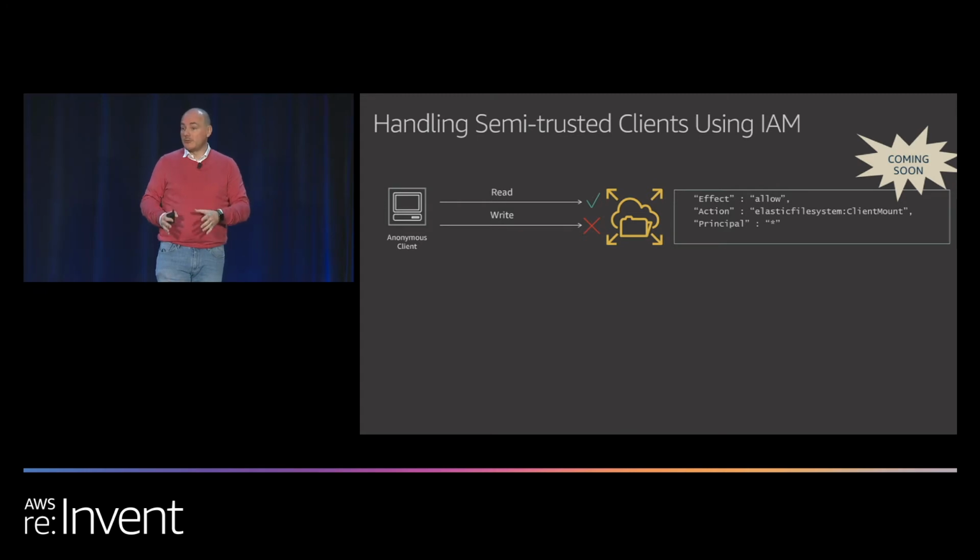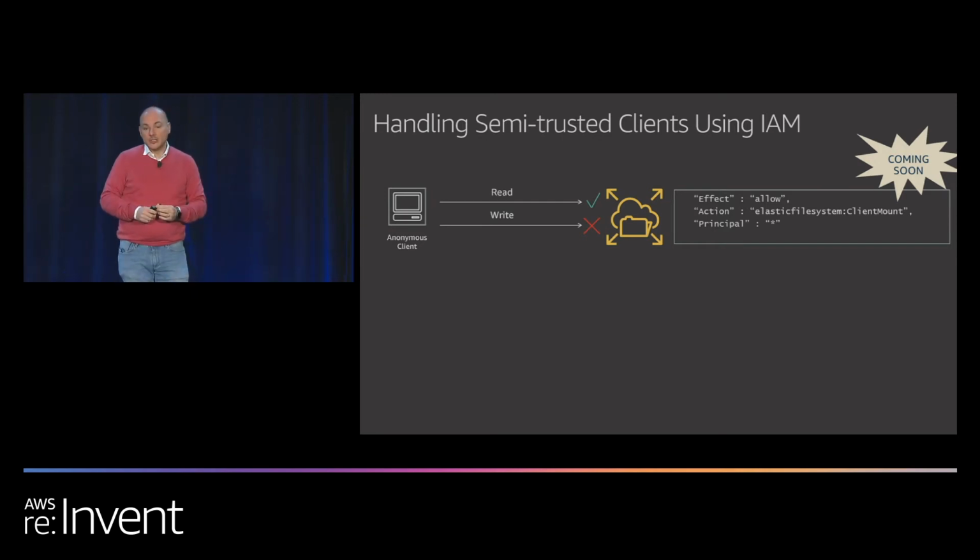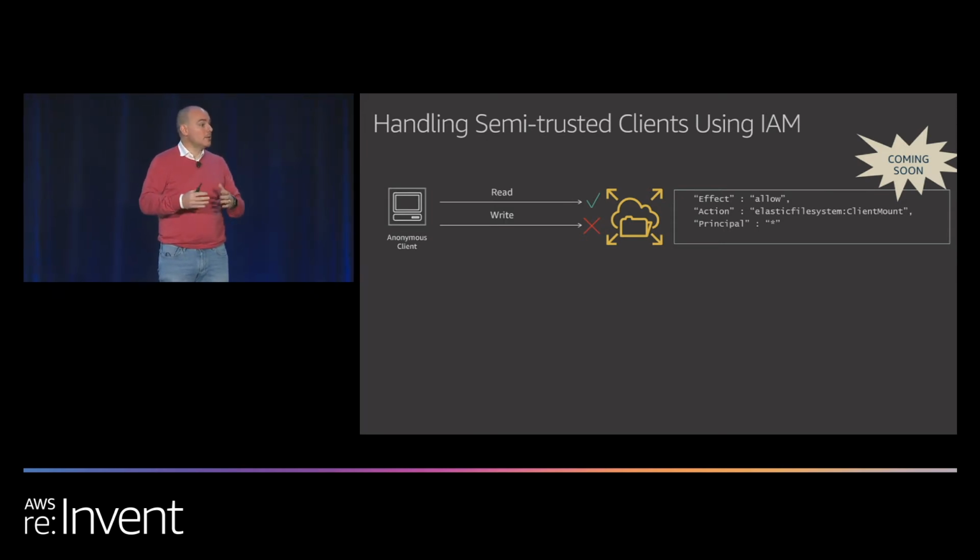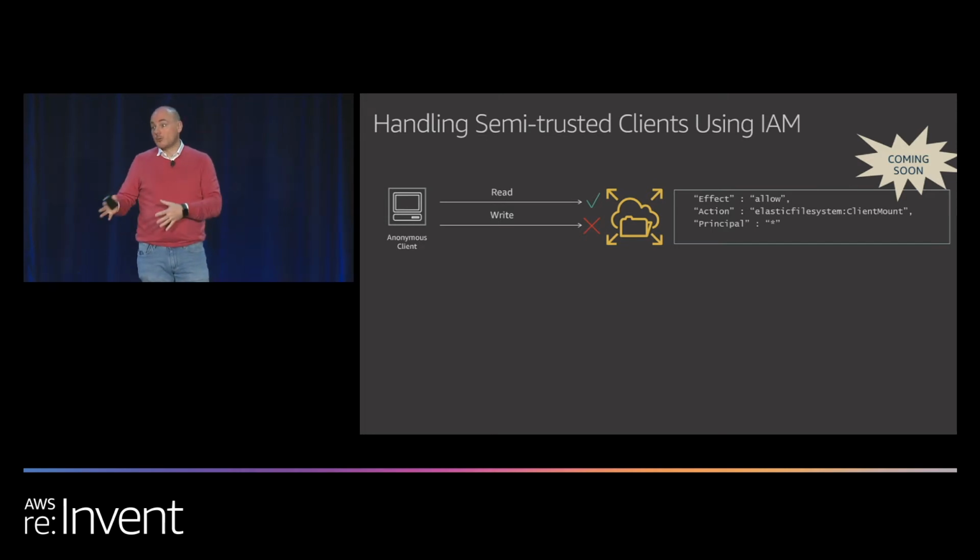So this is a way to give read-only access to a client that does not have an IAM role. This is useful for things like machine learning inference, for example, where you don't need write access to the model, you just need read access. And this is also a very low implementation cost because your existing clients, even if they don't have an IAM role, can still use the file system like this.